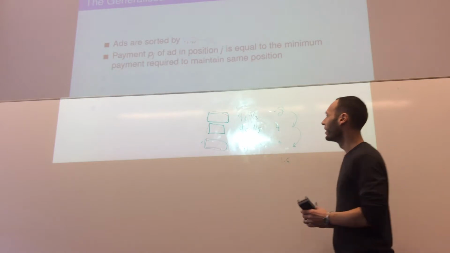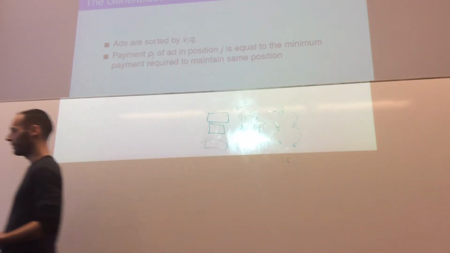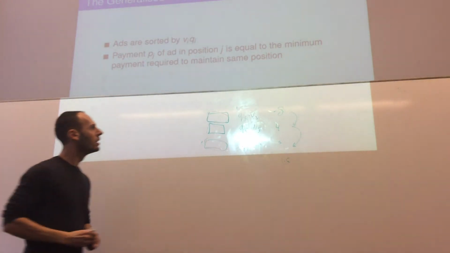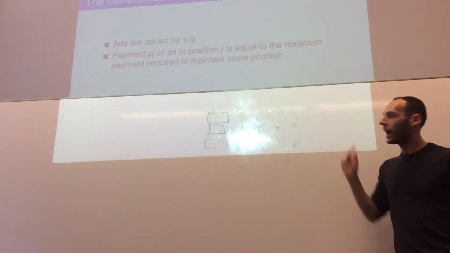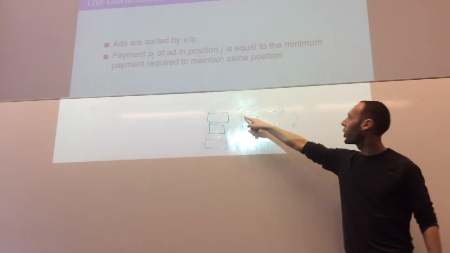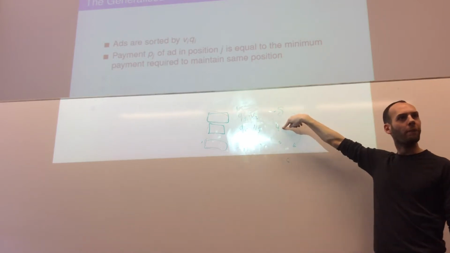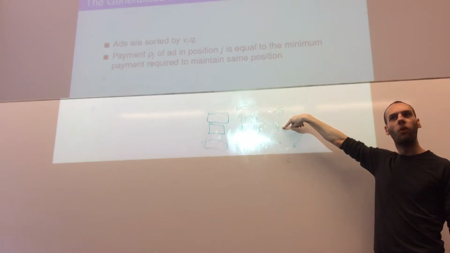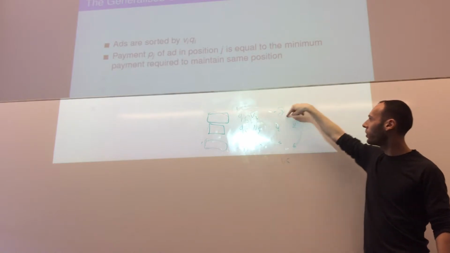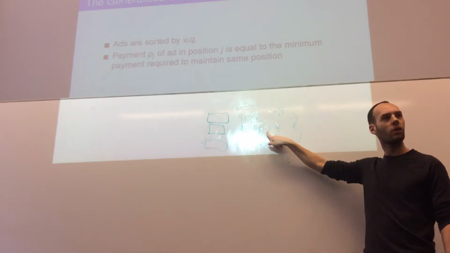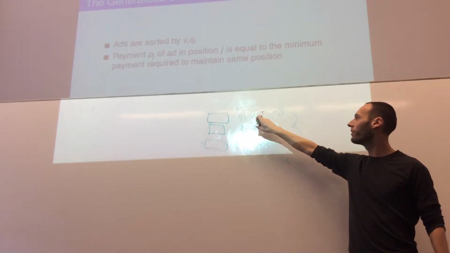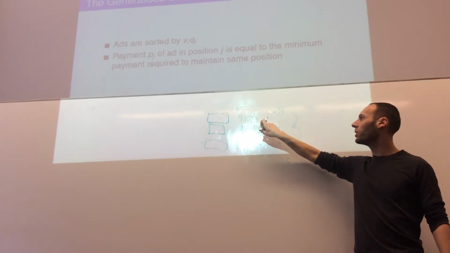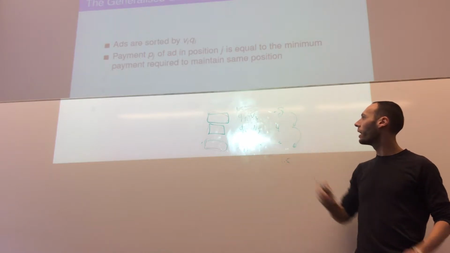Okay, so we have to solve an equation. When do we start losing our position? When this product is 4 or less, we start losing our position and we're going to go down. So how are we going to determine the minimal value so that we are still there?